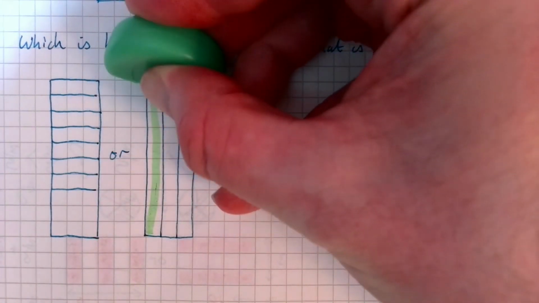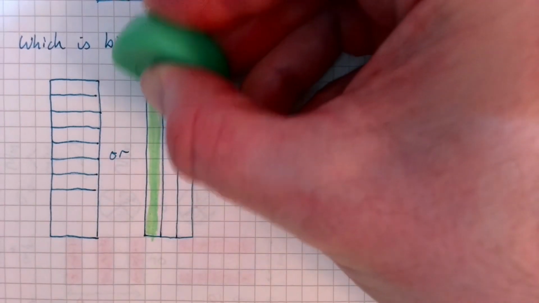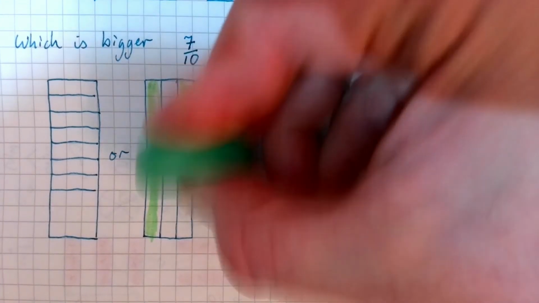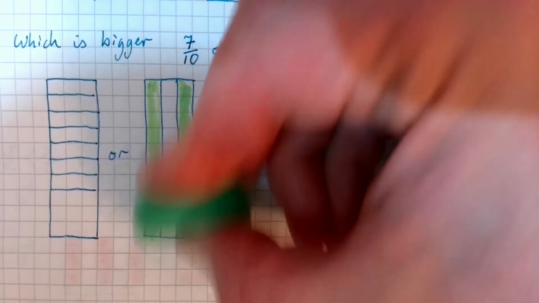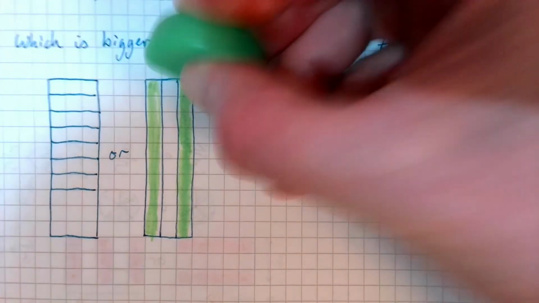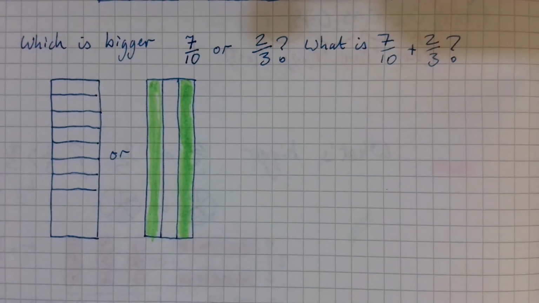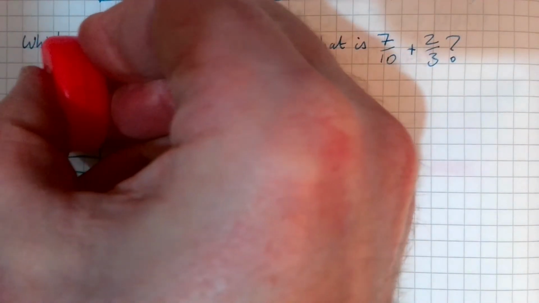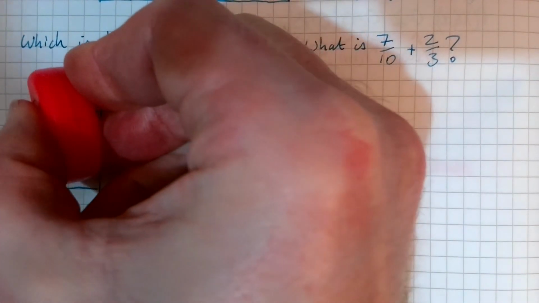So there is 1/3, and I can't resist to leave the middle bit as the bit open there. Oh, I'm running out of green. So there's me green 2/3, and then I'm going to go for a pink 7/10.